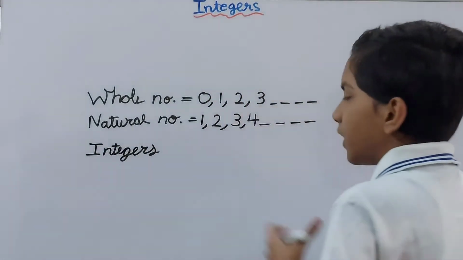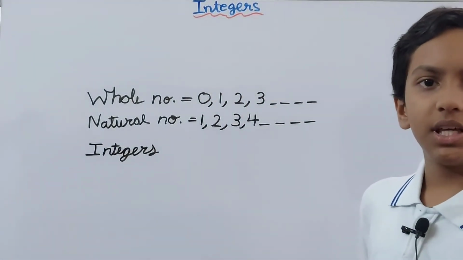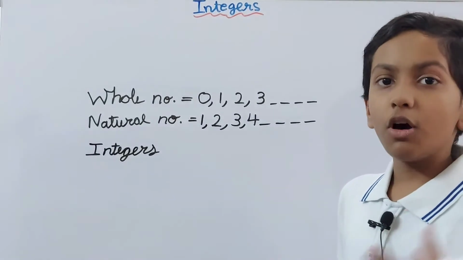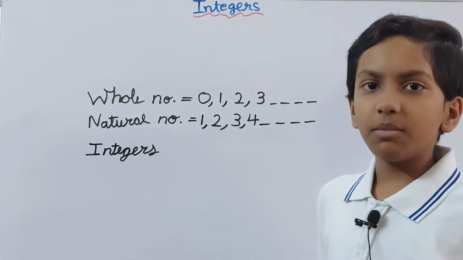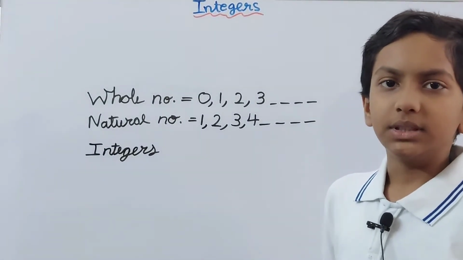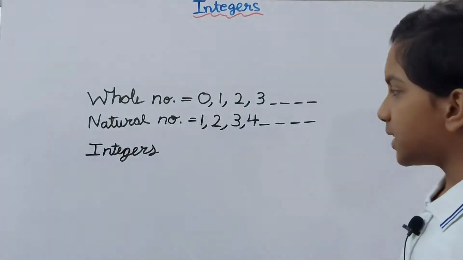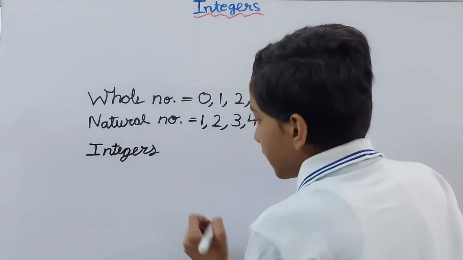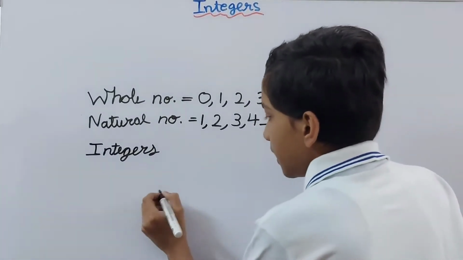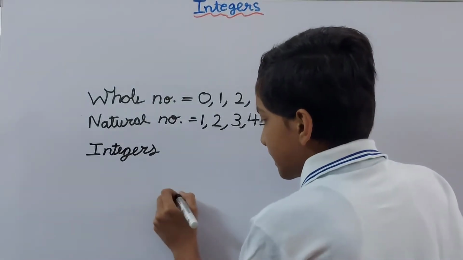So, what type of numbers do we see in integers? We get negative numbers and positive numbers. And what are those numbers? You take any number. First, let's see negative numbers. For example, let's take 7 here.